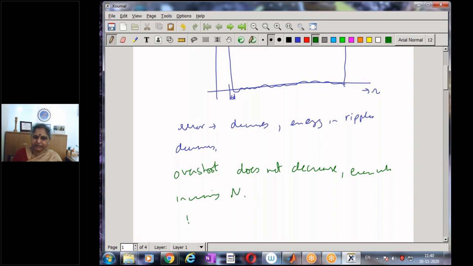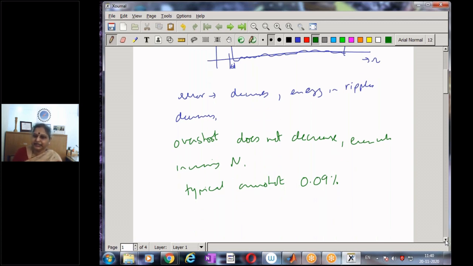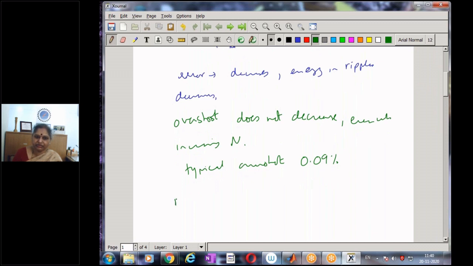Typical overshoot is around 0.09%. So we have this overshoot that does not decrease even with increasing n, and this is the major drawback of using a rectangular window.